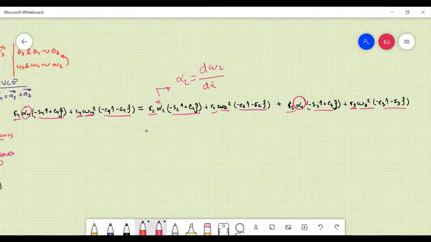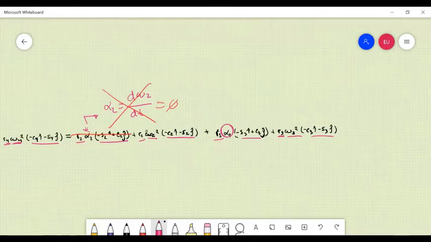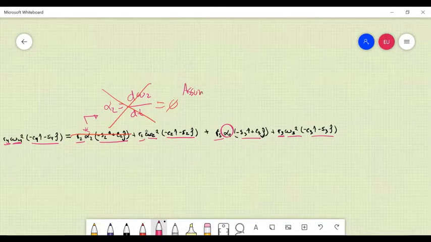If I assume omega 2 is constant, all that is useless because alpha 2 is going to be equal to 0. And if alpha 2 is equal to 0, then all that bit disappears. So in your notes, you should add, assuming omega 2 is constant, okay?